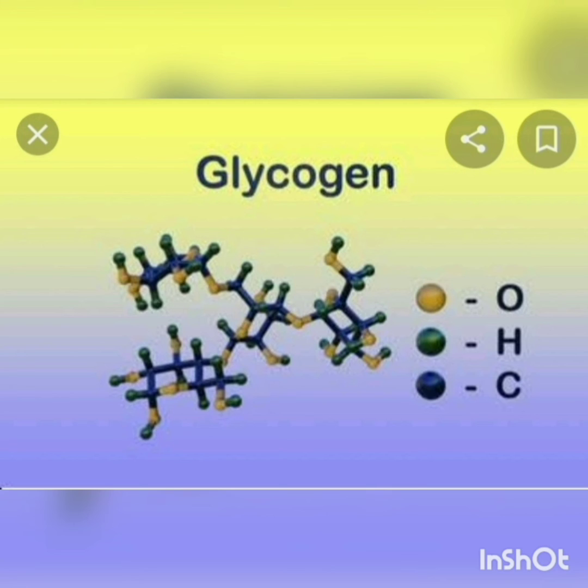When blood glucose levels drop, the glycogen gets converted back to glucose and is released into the bloodstream to be used. What food contains glycogen? Pasta, rice, potato. That is, starchy food.